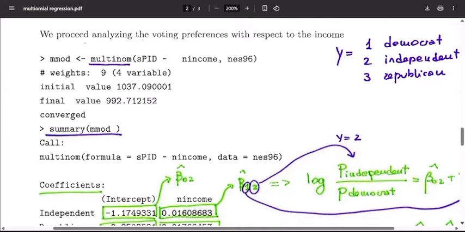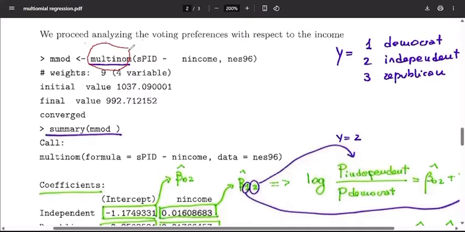In binary logistic regression, family equal binomial. But I need you to pay attention now for multinomial. For multinomial, it is actually going to be multinom. Do you see that? Multinom. The response variable is the categorical SPID.